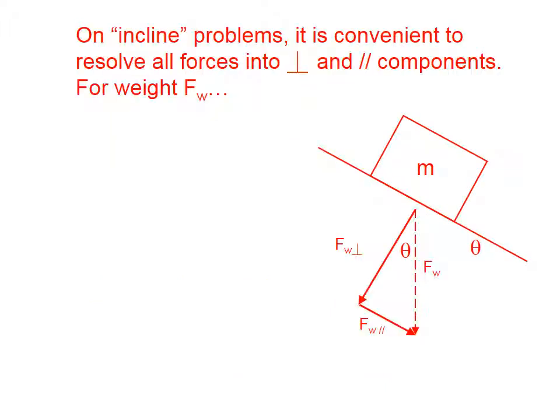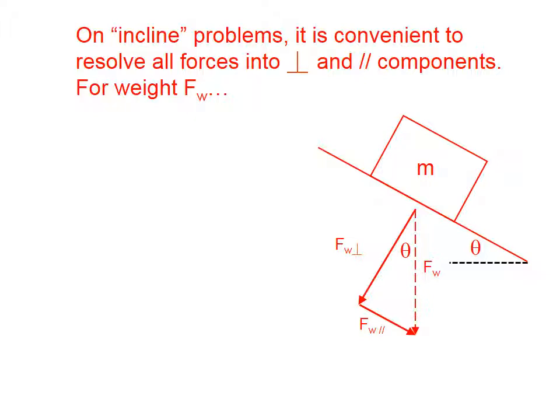On incline problems, it is convenient to resolve all forces into perpendicular and parallel components. For the weight Fw, you can see here that we have a mass on a surface inclined at an angle theta relative to the horizontal. The weight acts, as always, straight down, and it's numerically equal to m times g.